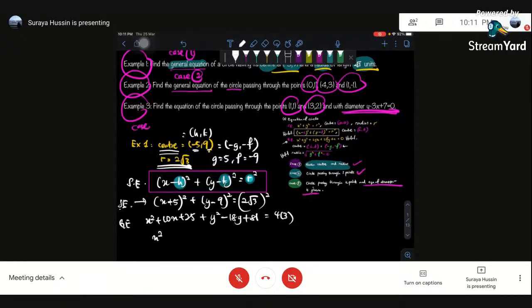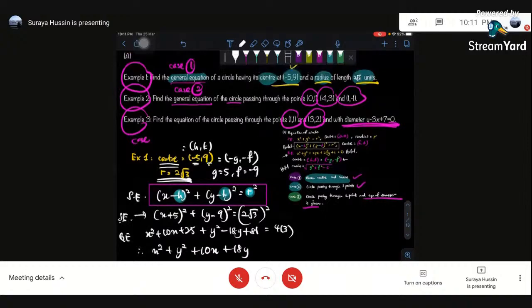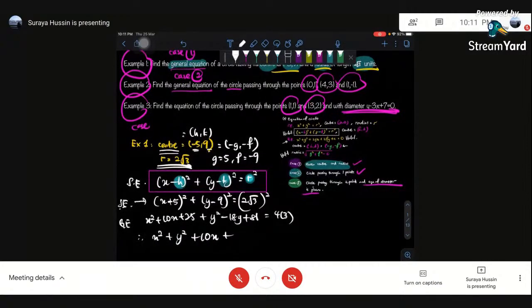Therefore, your answer is x squared plus y squared plus 10x, is it plus 18y? Bukan plus. Tolak lah kan? Tolak 18y. And then plus 81 minus 12, which is it minus?